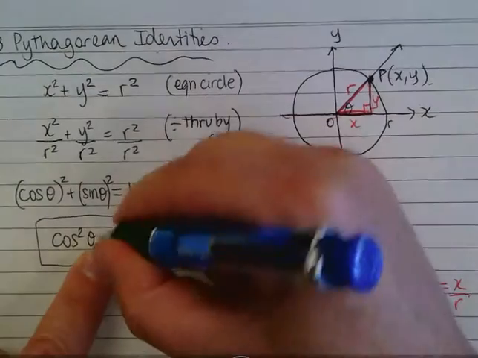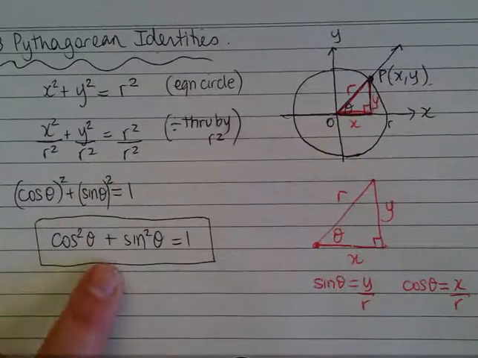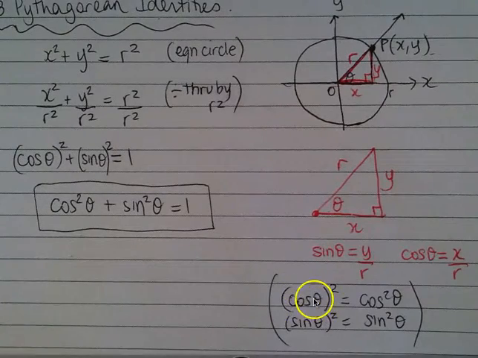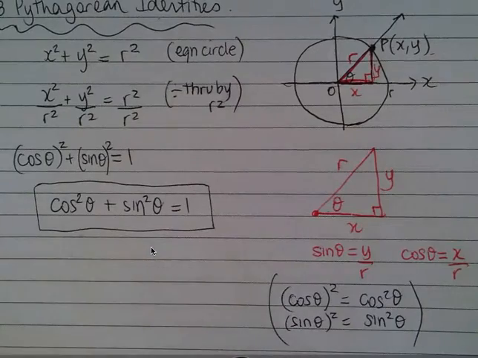Please do not put the squared after the theta. It's cos squared theta plus sine squared theta is 1. Recognize that cos theta times cos theta is written this way, cos squared theta. Sine theta times sine theta is written like this, sine squared theta, and we say it as sine squared theta. Okay? Now, that's our first Pythagorean identity.